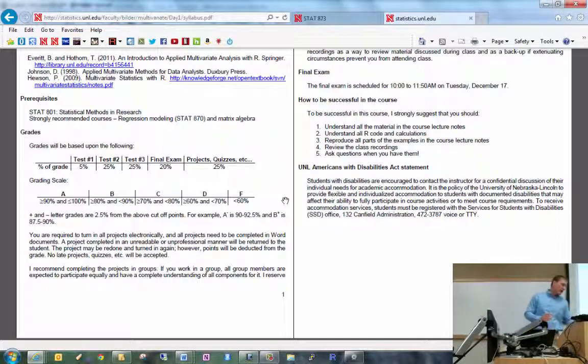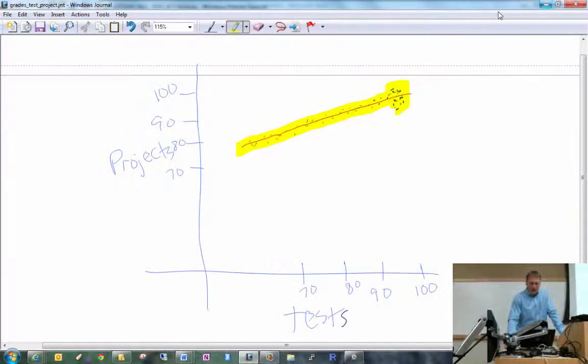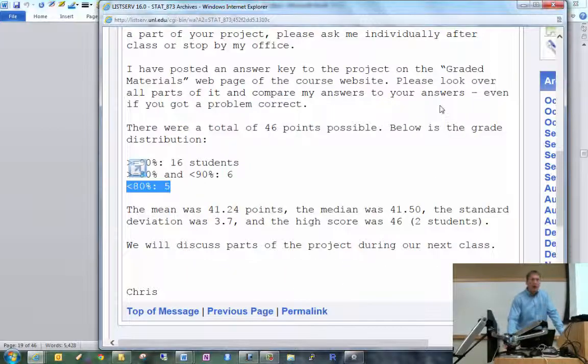Okay, so there are a few comments I want to make about the project specifically. First of all, please make sure to read through the entire answer key, even if you did perform well on the project. The reason is that I might have answered a problem differently than you did. Sometimes when I'm grading a project, I see a student's answer and think, well, yeah, it is essentially right, but maybe it could have been answered better, and so maybe I didn't take off points for it.